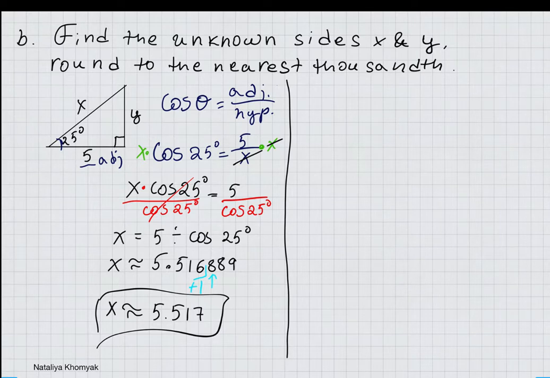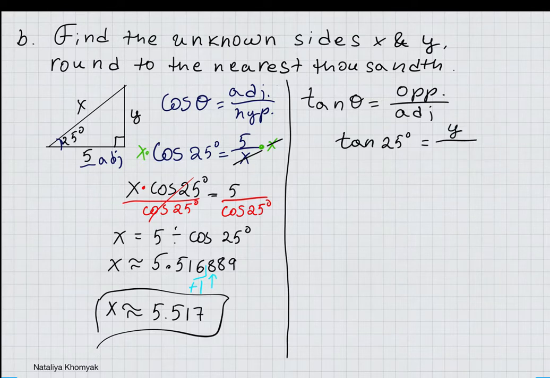Now y is the opposite side from the adjacent, so we have opposite, adjacent, and an angle, and the function that utilizes all three of them is tangent of an angle is the opposite side divided by adjacent side. We have tangent of 25 degrees equals opposite side, which is y, divided by adjacent side, which is 5.